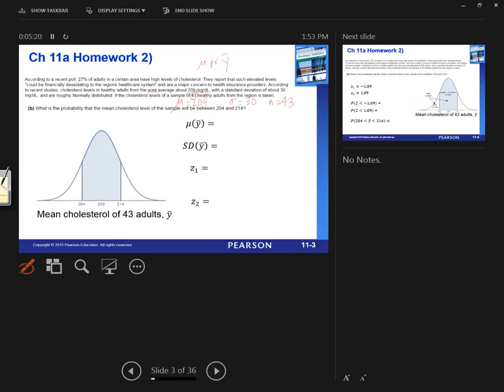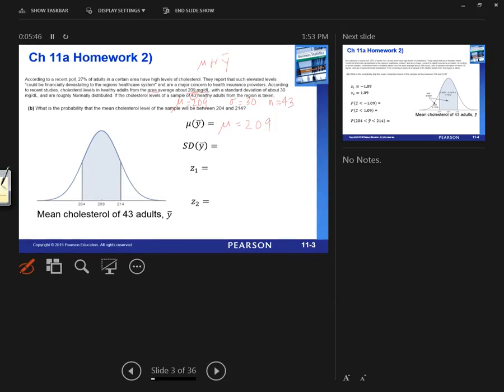If I took a sample from this population, where mu is 209 and sigma is 30, and asked what's the average cholesterol for that sample, we'd expect it to be around mu, which is 209, just like the population we're taking the sample from.